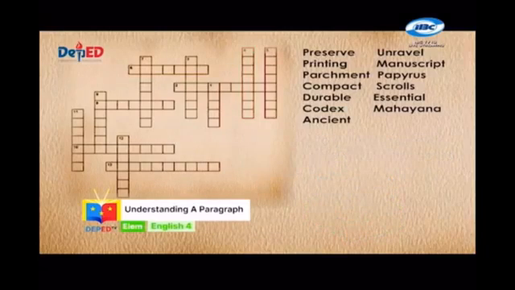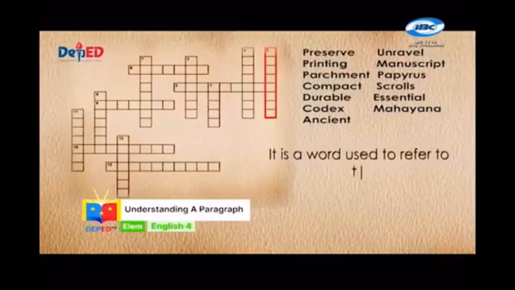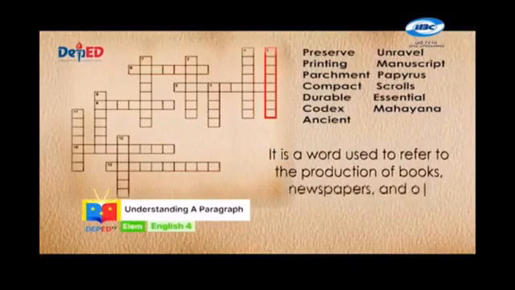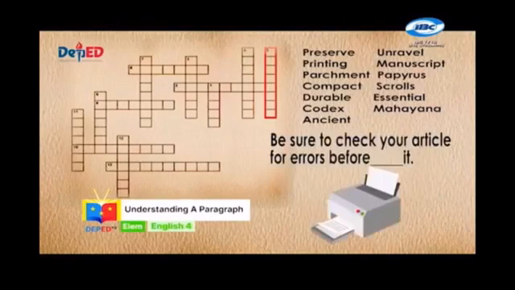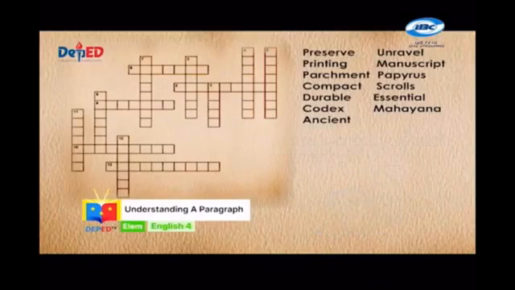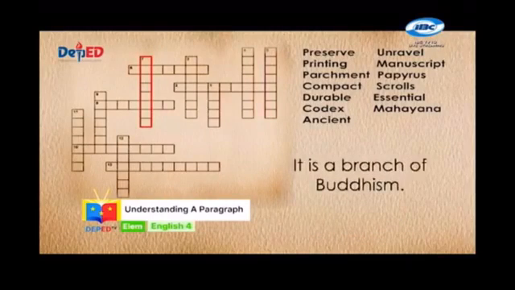Number 5. 8 letters. It is a word used to refer to the production of books, newspaper, and other printed materials. Be sure to check your article for errors before it. Number 7. 8 letters. It is a branch of Buddhism.